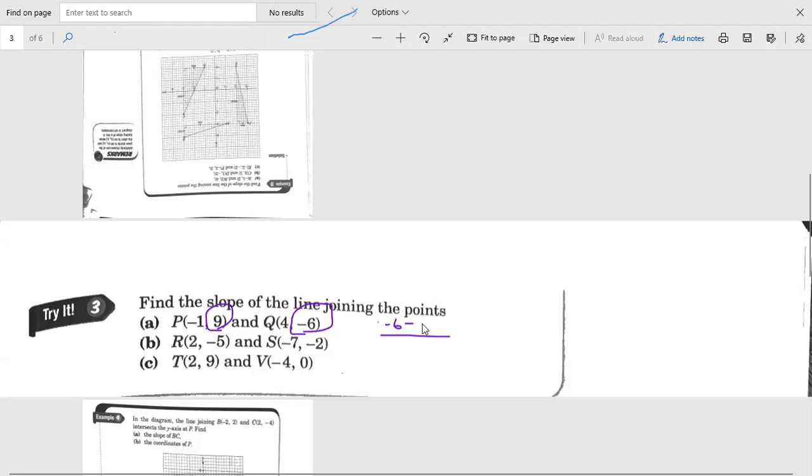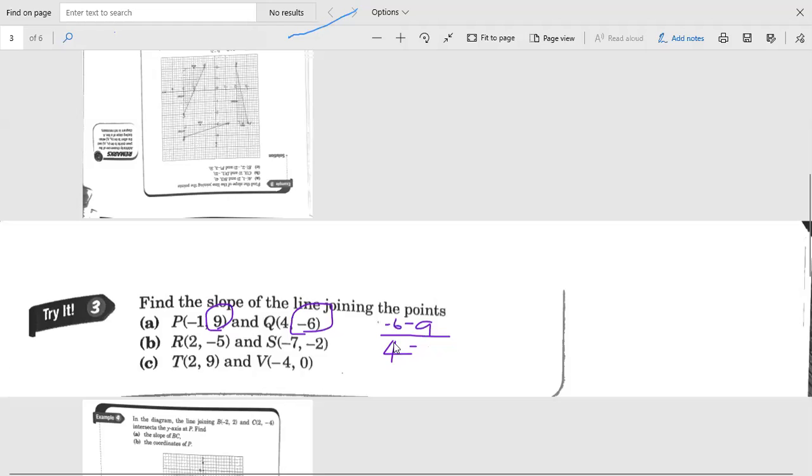We are talking about question A on try 3. So we have P and Q, 2 points. What is x2? It is 4. Excellent, 4, and then minus x1. What number is x1? +1.